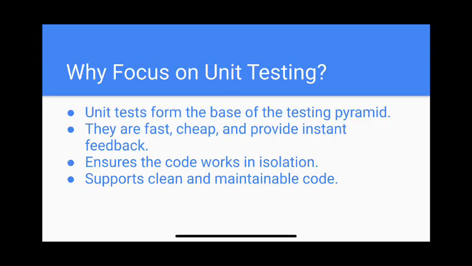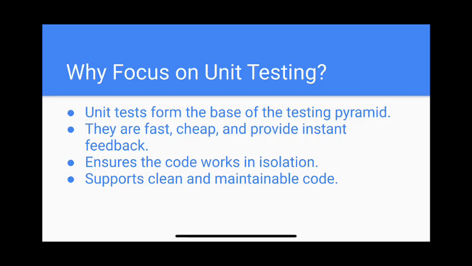So why should we focus on unit testing out of all of these levels of testing? It is because unit testing forms the base of the pyramid, and it is necessary for being able to do the other stages. It is one of the most important because it catches bugs at the earliest and cheapest stage.